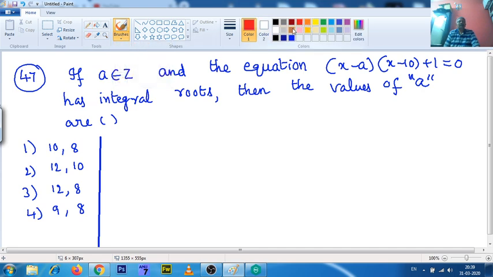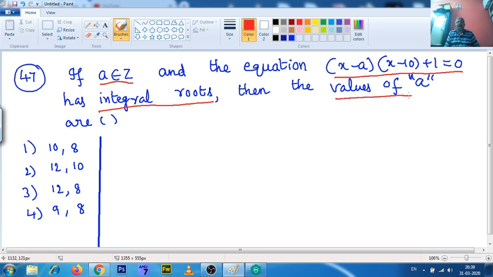So, now it may be clear, the picture is clear, Jaya. Okay. Here a belongs to Z, the equation (x minus a)(x minus 10) plus 1 is equal to 0 has integral roots, that means roots are integers.